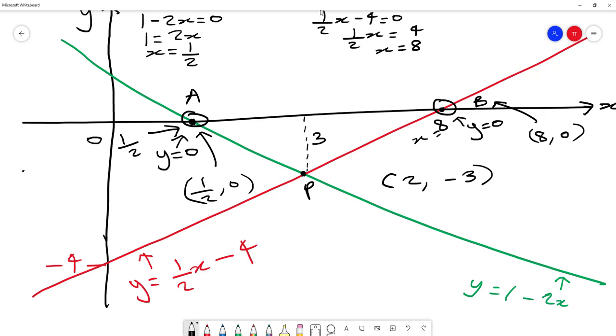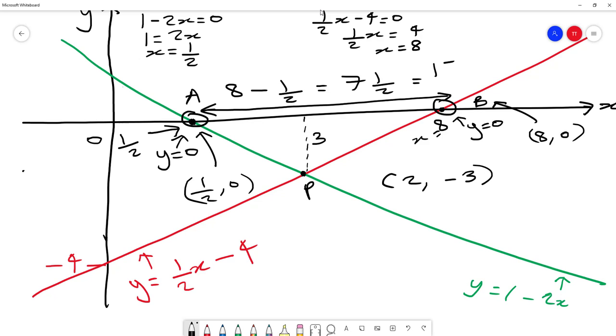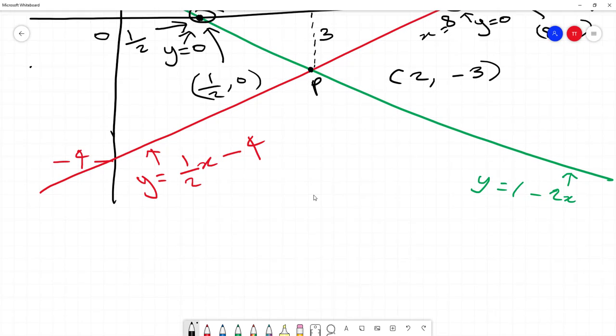So now the distance of the base of this triangle is going to be 8 minus a half, which is 7.5. As an improper fraction, that's 15 over 2. So now I can work out the area of my triangle.